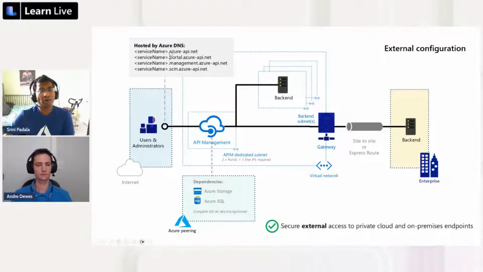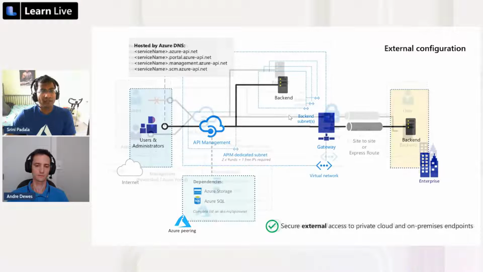So all these are publicly routable, publicly identifiable DNS entries, which resolve to the public IP of an API management instance. Again, this is secure, because we are securing all our private backends and proxying them through the API management instance.